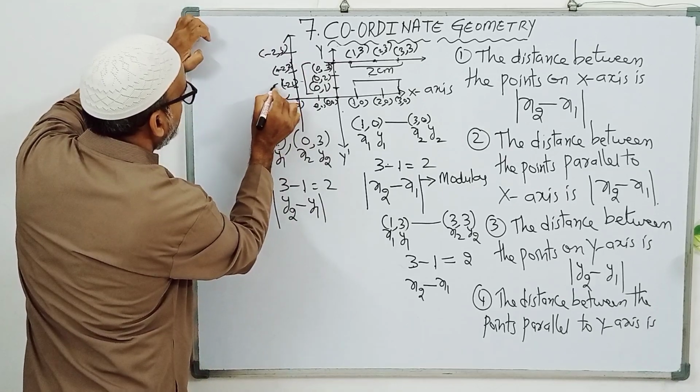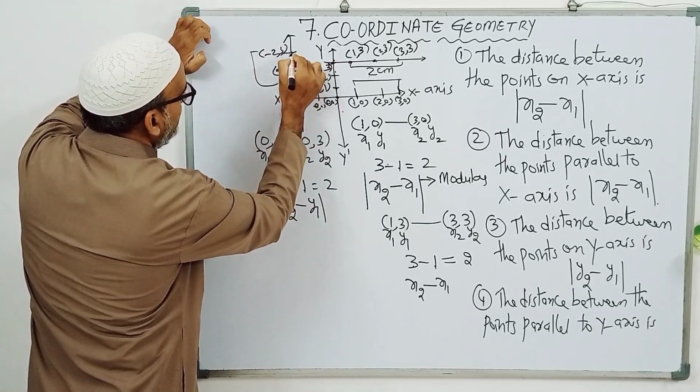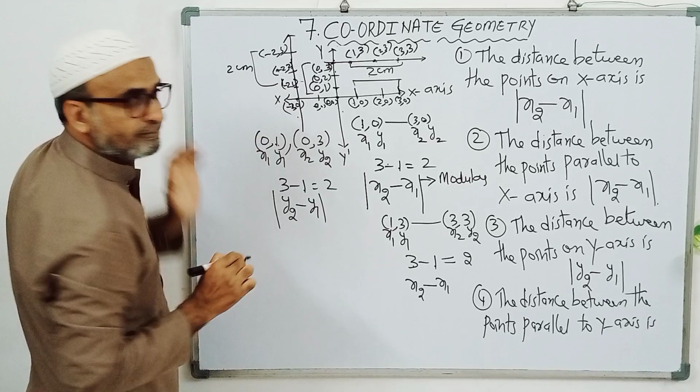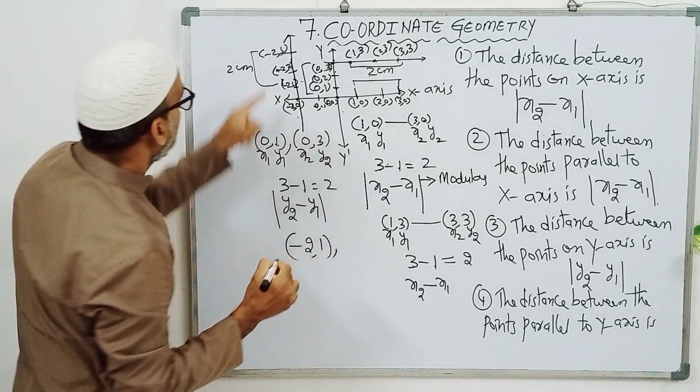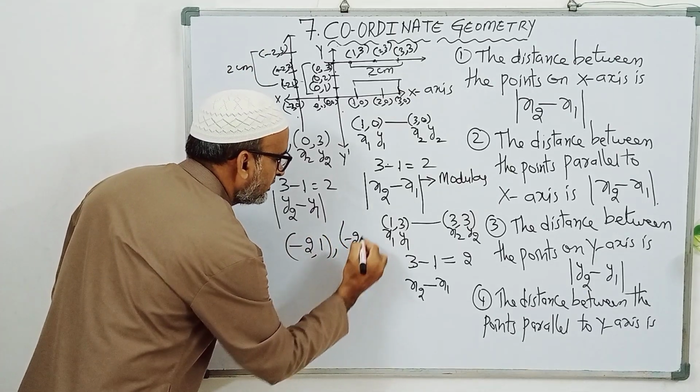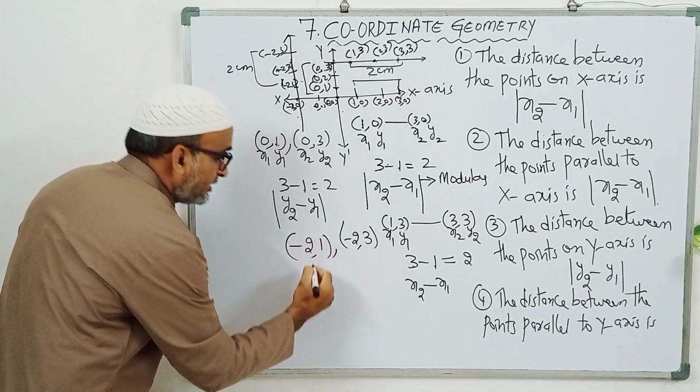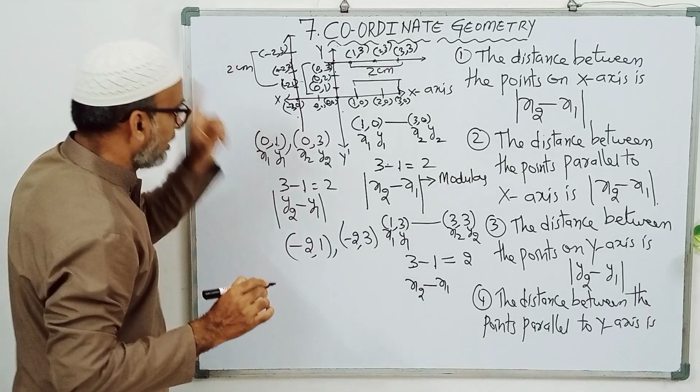Now from here to here, 1 centimeter, 2 centimeter. Which point to which point? Minus 2 comma 1 to minus 2 comma 3. Distance is how much? 2 centimeters. How did you get it?